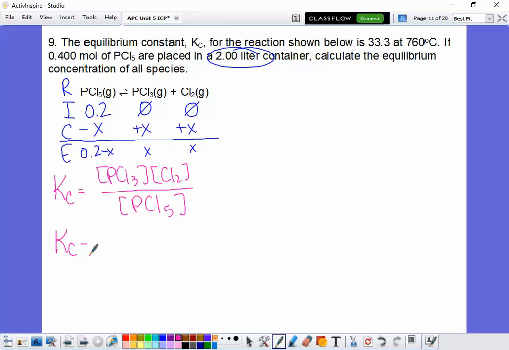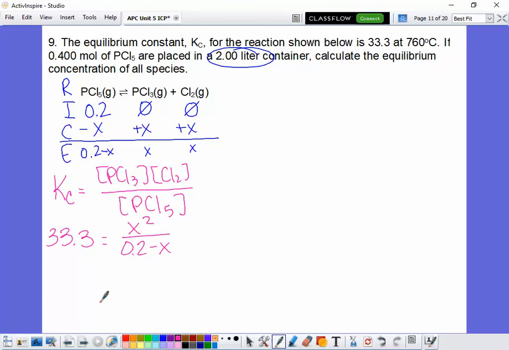Oh wait, we know Kc. Kc is 33.3. PCl3 and Cl2 are both what? x. And PCl5 is 0.2 minus x. So now, in order to solve for x, what type of equation is this? It is a quadratic equation.